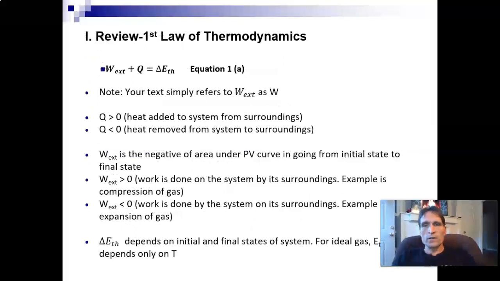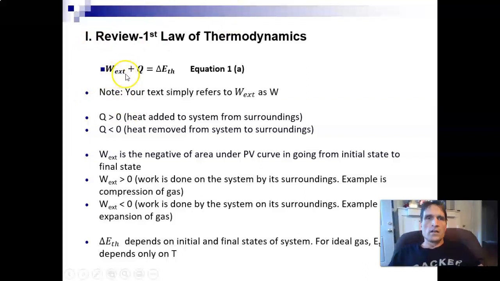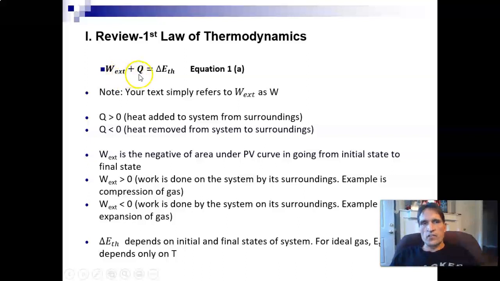So quick review, first law of thermodynamics. Recall that the first law of thermodynamics stated that the external work that was done by the environment on some system, maybe an enclosed gas, plus the heat added to the system is equal to the change in the thermal energy of the system.